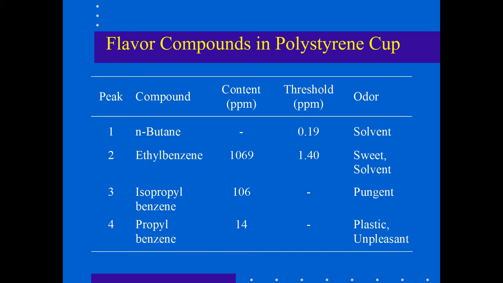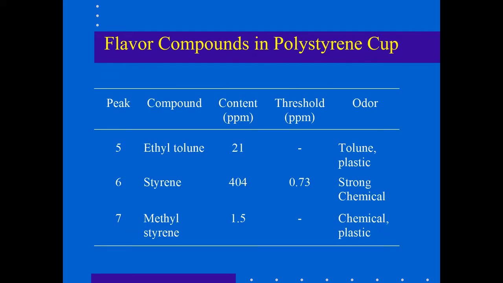This table shows the content in ppm and also the threshold of each of these peaks, and the order of each of these peaks. We continue with peak 5, ethyl toluene, peak 6, styrene, and peak 7, methyl styrene.